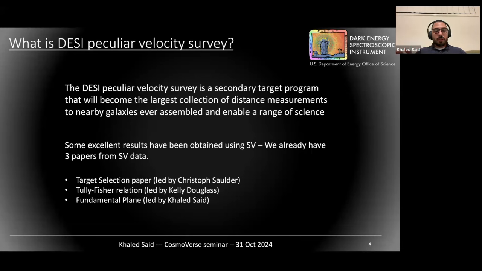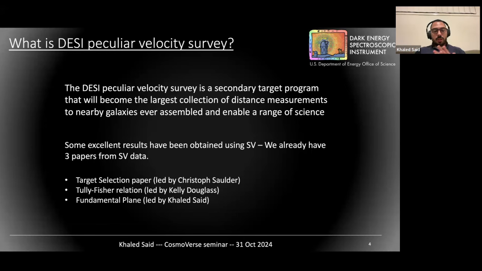It was only by the end of 2020 that the DESI peculiar velocity proposal was accepted to be a secondary target program. That program was very successful, and now we think it will be the largest collection of distance measurements of nearby galaxies ever assembled, and that will enable a huge range of science.